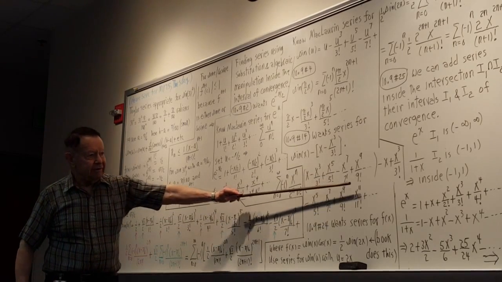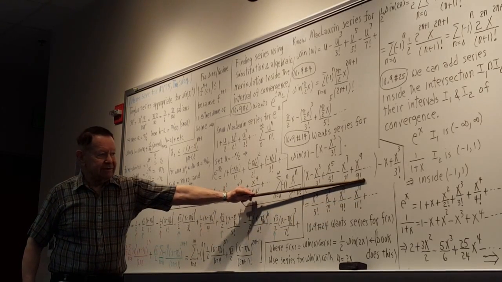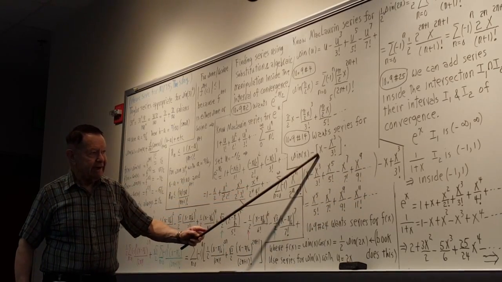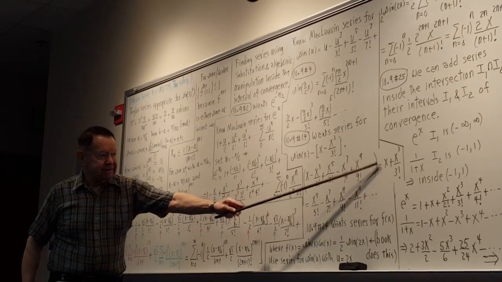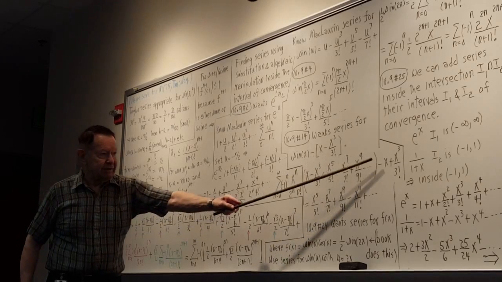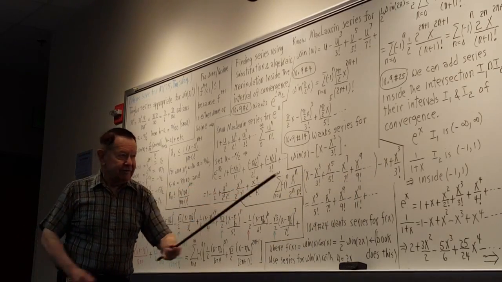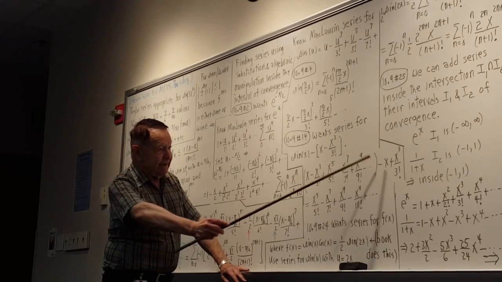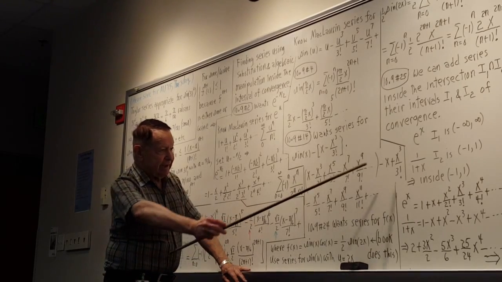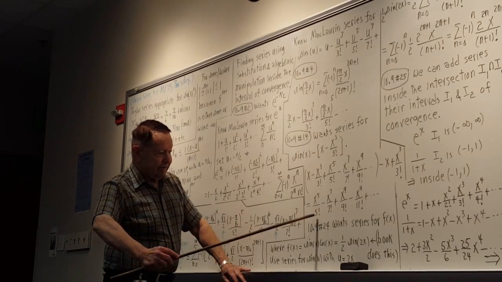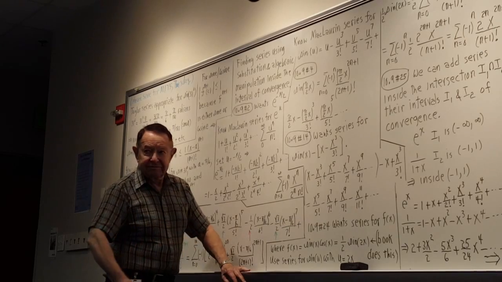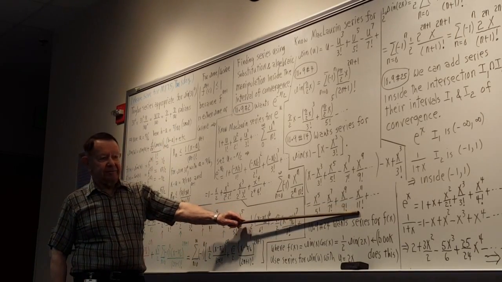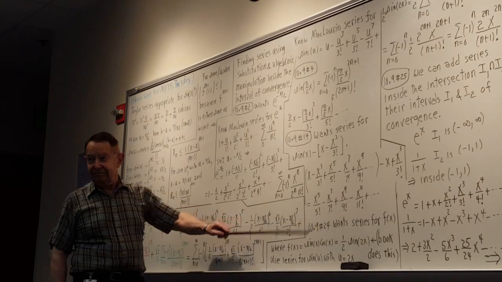So write your first terms of your sine series, and then subtract here: minus x plus x cubed over 3 factorial. And then you notice those cancel and those cancel, so you get this series. You get all of the sine series except the first two terms.